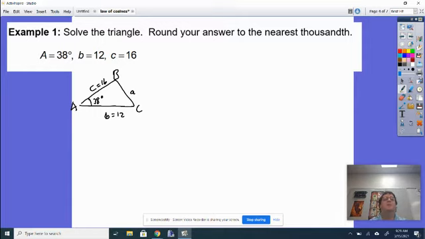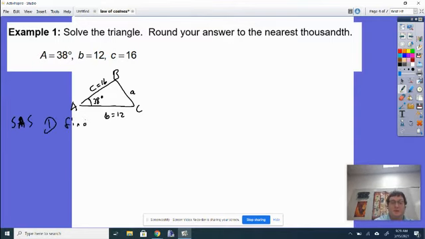What we want to do is figure out what we want to find. Anytime we're missing a side, anytime we have side angle side, these are going to be the side angle side steps. I want to find the last side. In this case, that's going to be little a. So A is going on the outside.